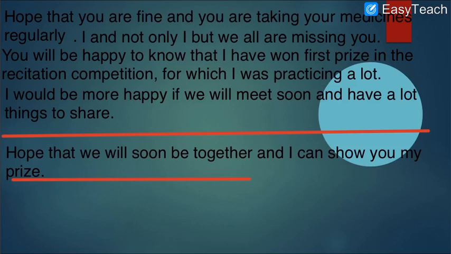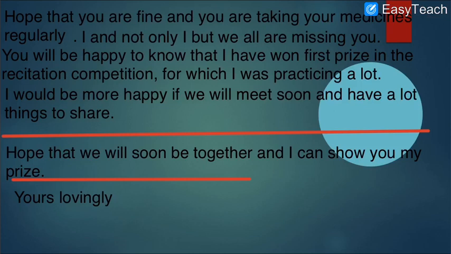Now complimentary closure. What will you write? First you have to write yours, and then I will write here lovingly. Yours lovingly. Because grandma always loves us. We also love grandma very much. Right? They are taking care of their grandchildren more than their children.